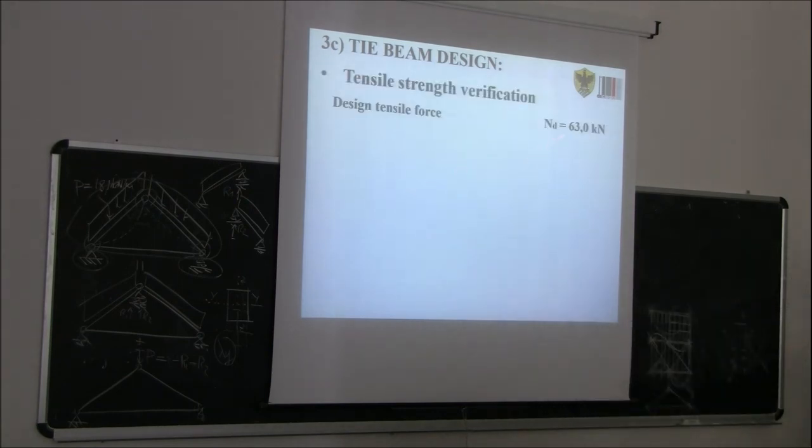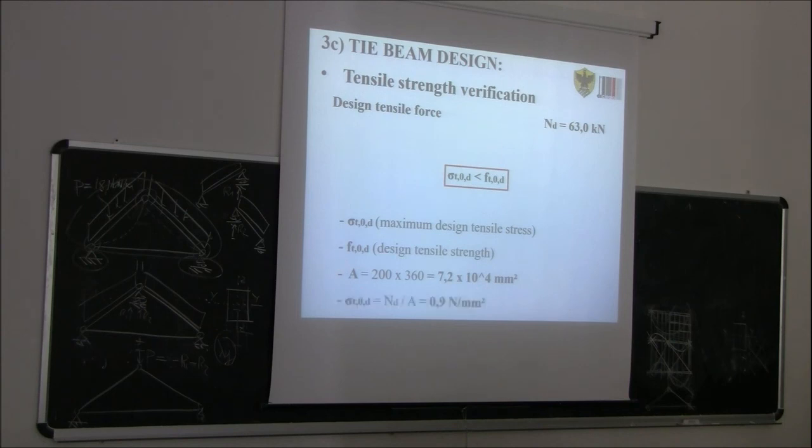So strength demand 63 kN. We need to calculate the tensile stress parallel to the grain and compare with the tensile strength parallel to the grain. So we just calculate the cross-sectional area. Sigma t,0,d is the axial force divided by the cross-sectional area.